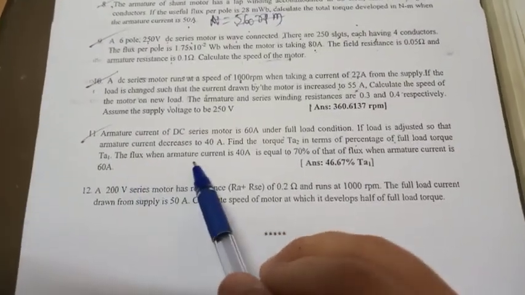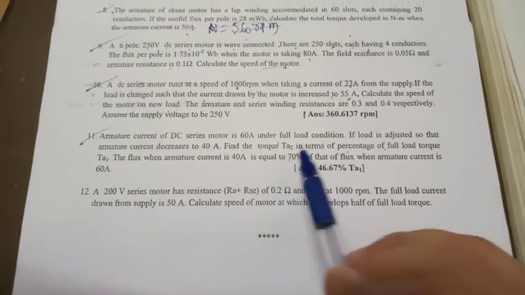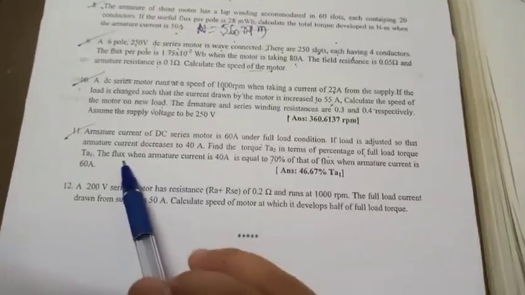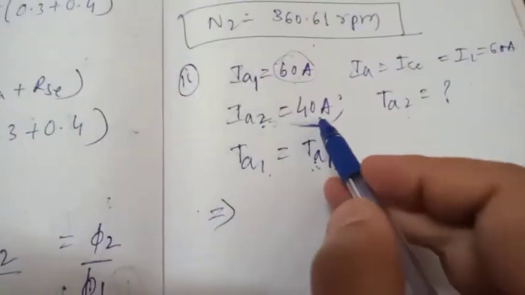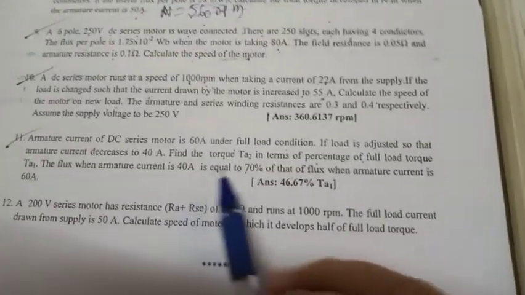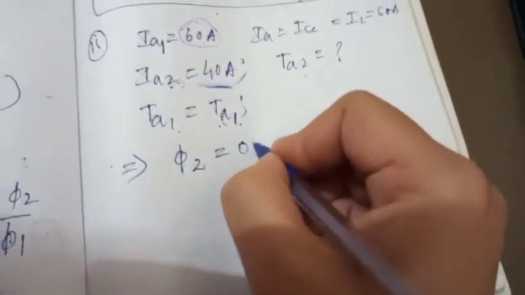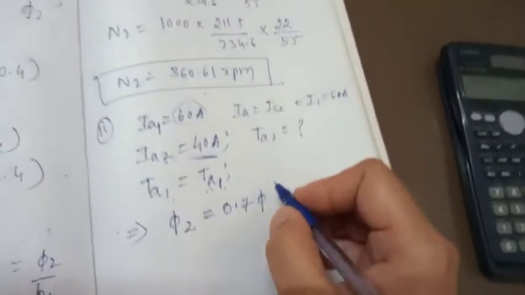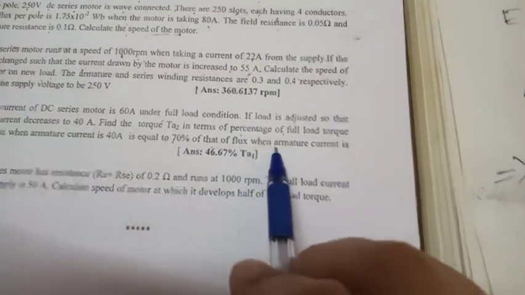The flux when the armature current is 40 amps, that is IA2, is equal to 70% of the flux when the armature current is 60 amps. So 70% of the flux phi 1.